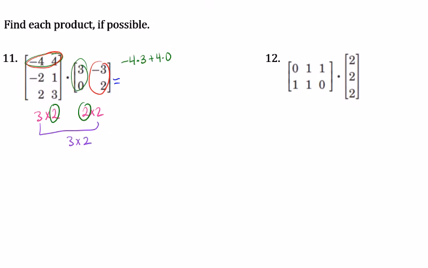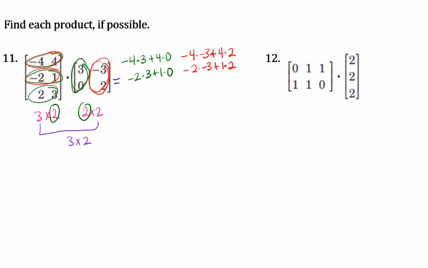So that'll be negative 4 times negative 3 plus 4 times 2. All right, next we're going to do next row times the first column. So it's going to be negative 2 times 3 plus 1 times 0. And then we'll do second row, second column, negative 2 times negative 3 plus 1 times 2.